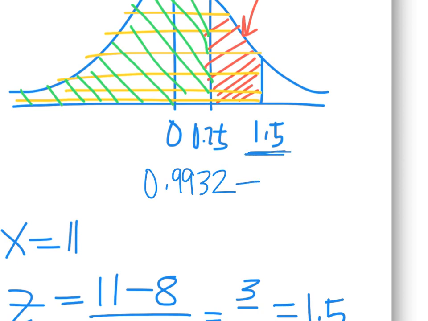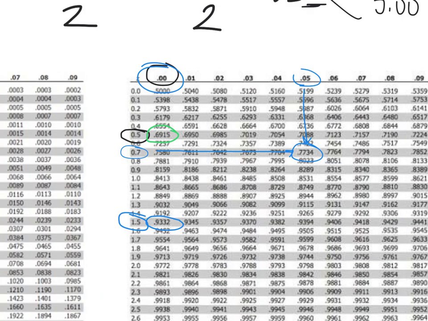Now we have to subtract the area to the left of the smaller z-score, the 0.25. We take 0.25 as 0.2 and 0.05. Let's refer to the table again. So 0.2 is here, and then 0.05 is here.